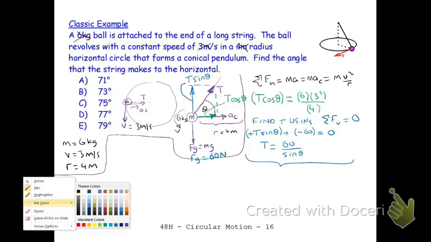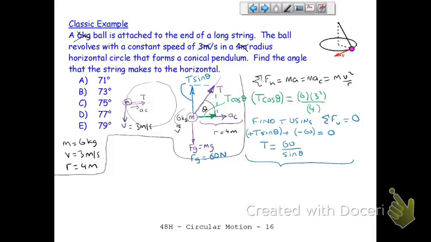Let's change colors so that you know it's a new idea. So I'm going to turn around and say, okay, we said T cosine theta was equal to 6 times 3 squared over 4. And I'm going to substitute in for the T. So this gives me that 60 over sine theta times cosine theta is equal to 6 times 3 squared over 4.